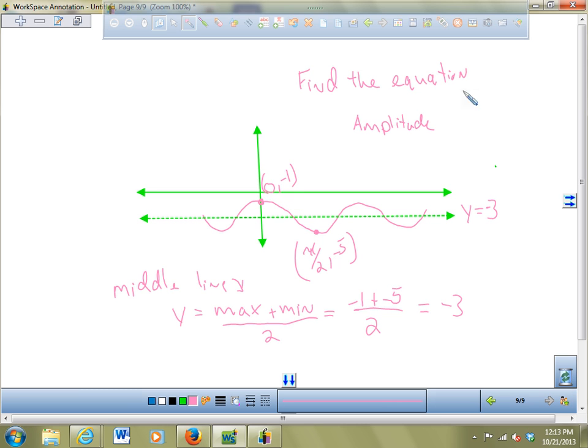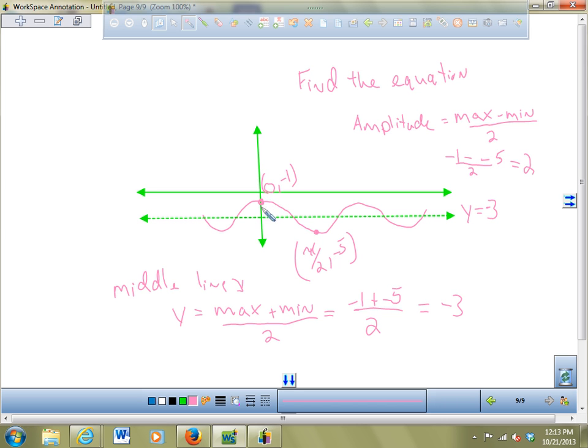The other way you can do it is by going the max minus the min divided by 2. So I would get negative 1 minus negative 5, which is negative 1 plus 5, which is 4 divided by 2, which is 2.